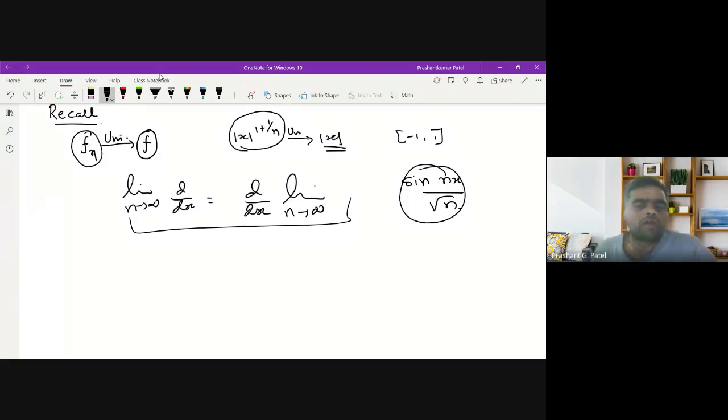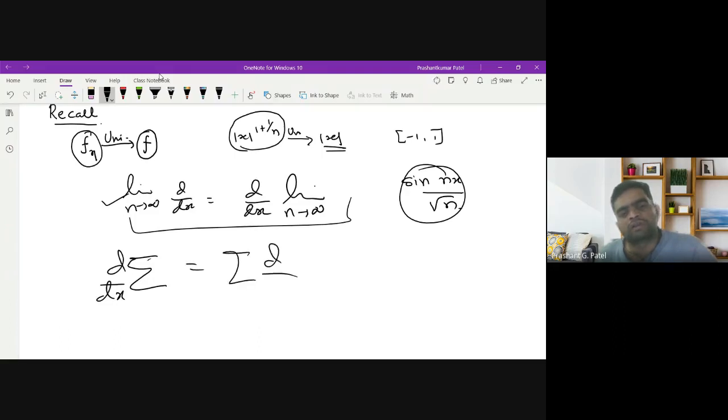So I have raised the question: under which situation can we do term by term differentiation? That means when can we interchange these two signs, the derivative sign and the summation sign?